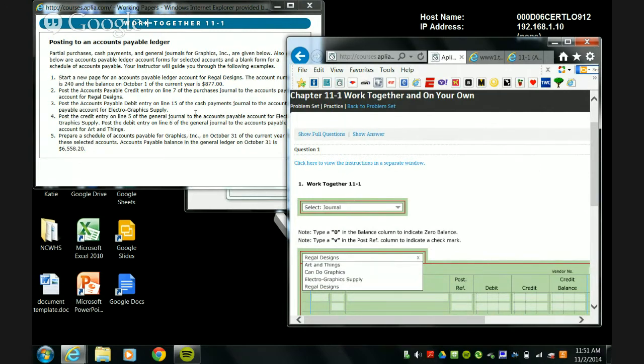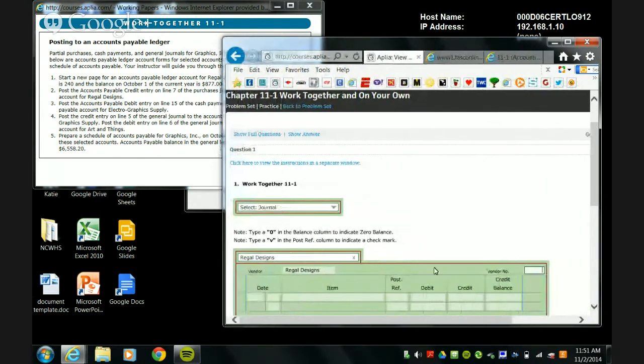Start a new page on accounts payable for the accounts payable ledger for Regal Designs. So I pull up my Regal Designs from below. I type in the name of the vendor, in this case Regal Designs, and it says that it is 240.